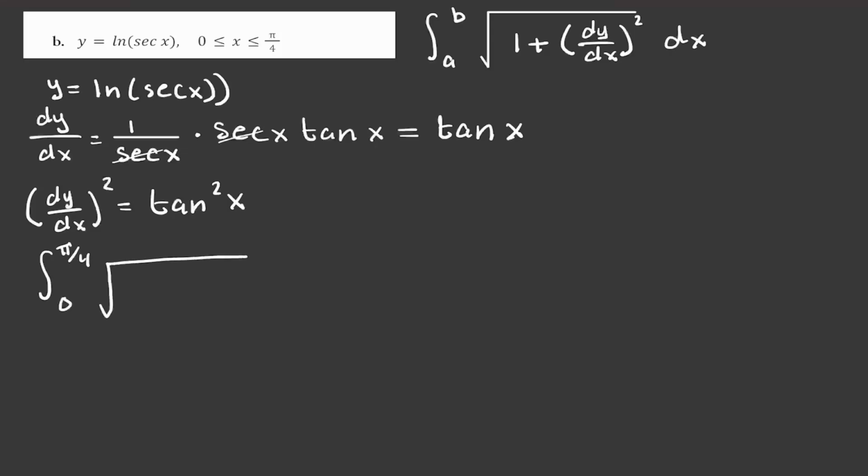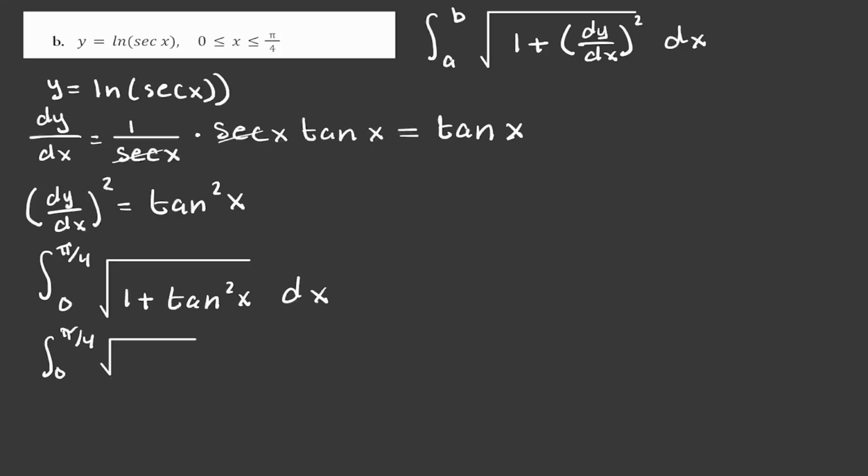The square root of 1 plus, we solved for dy dx squared, so we put tan squared of x dx. Now 1 plus tan squared of x is a Pythagorean identity, which is equal to secant squared of x. So we can rewrite that as the square root of secant squared of x dx, and that would give us from 0 to pi over 4 secant x dx.